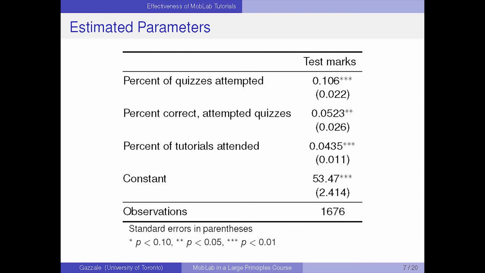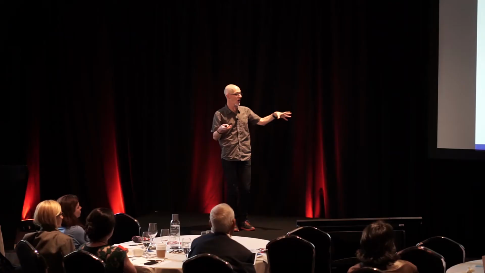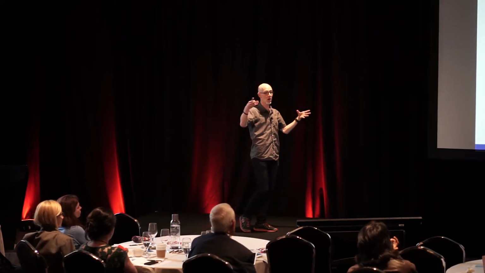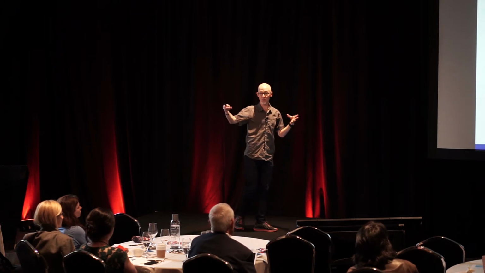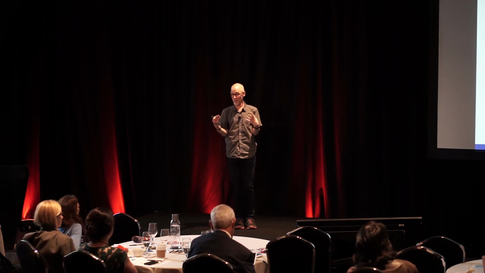Have you been attending tutorials? And the fact that when I control for one measure of being engaged with the material, quizzes, I still am able to find a significant coefficient on tutorials, another way of being engaged, suggests that I'm not just measuring being engaged, that something actually good is happening in my tutorials.